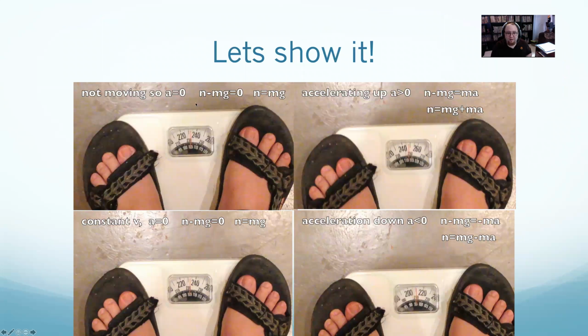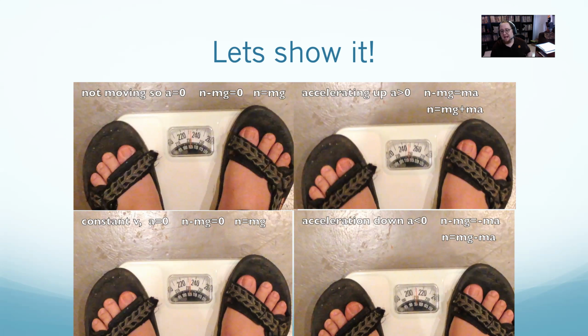When I'm stationary, 230 pounds. When I'm moving at constant velocity, like I'm just rounding down to make me feel better, 230 pounds. But if I'm accelerating upwards, it reads heavy, almost 250. When I'm accelerating downwards, it reads light, about 210. The normal force changes to be whatever it needs to be.